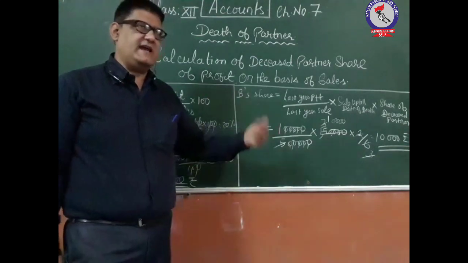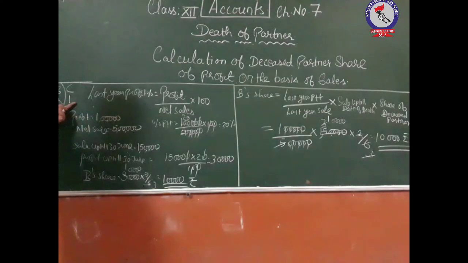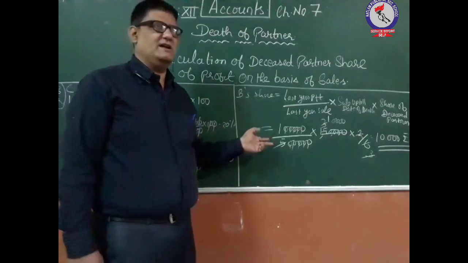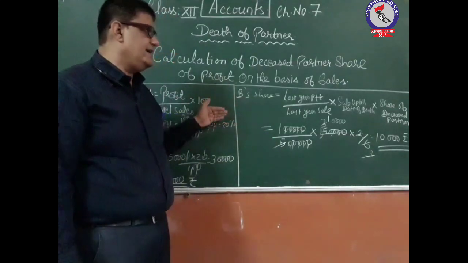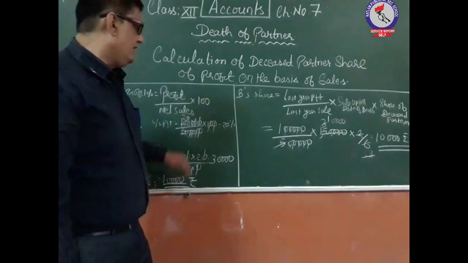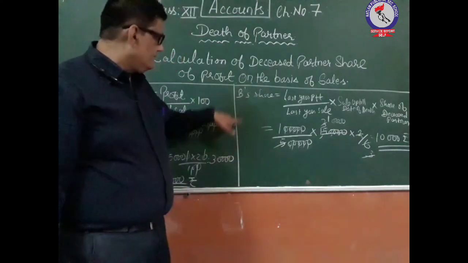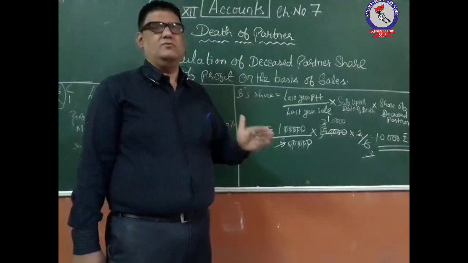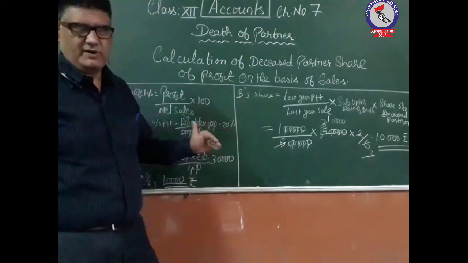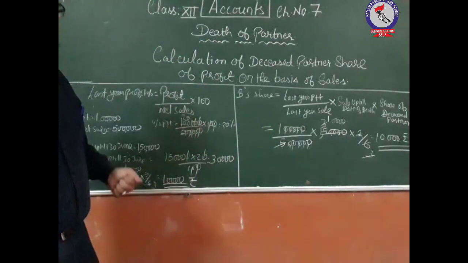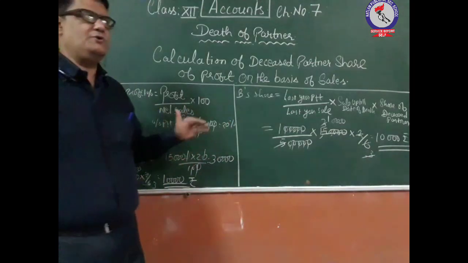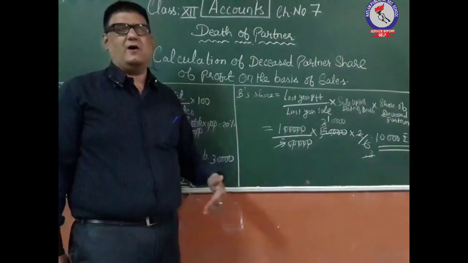Or if it is said that the ratio of these two partner changes, अगर इनका प्रॉफिट शेयरिंग रेशियो नया बदल जाता है, so in that case we will be passing two general entries, तो दो जनरल एंट्री बनेगी उस केस में. ओके, so it will be what profit and loss suspense account debit to B's capital account, first entry वही रहेगी, and in the second entry it will be gaining partners capital account debit to profit and loss suspense account.